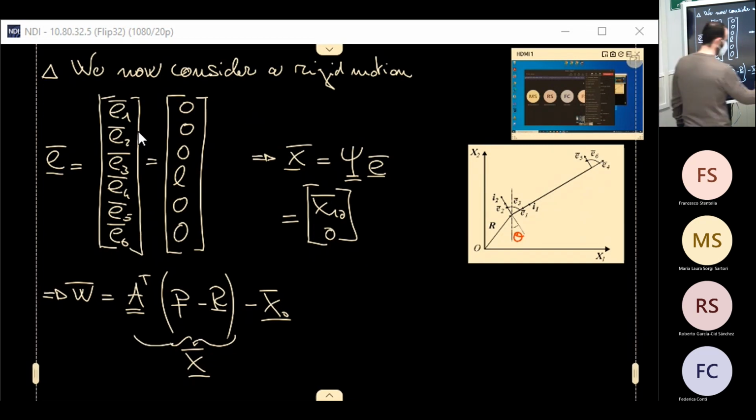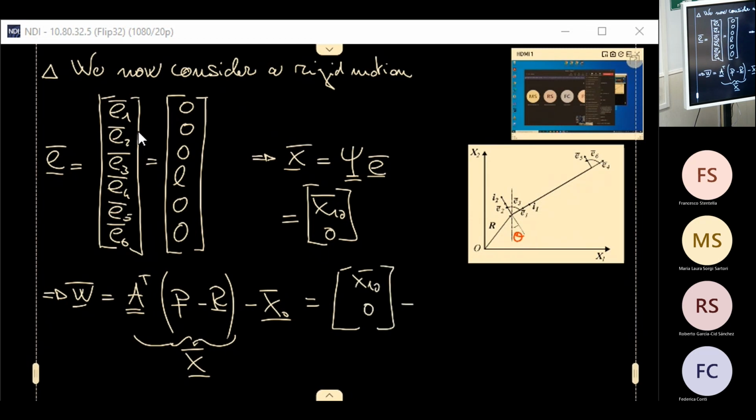Because if you know again, the displacement, sorry, here it's like this, the displacement induced by the deformation is the difference between the actual position and the initial position. Makes sense, no? But here we have it. We just derived it, which is x10, 0, minus the initial position, which is x10, 0, and this time it is 0.